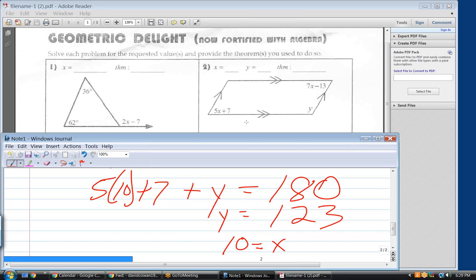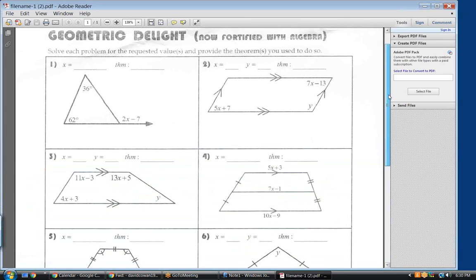Adjacent angles are supplementary in a parallelogram. And that's all you need to write. In other words, for the theorem, you got two things: opposite angles of parallelograms are congruent, and adjacent angles of parallelograms are supplementary. Those are the only two theorems we used to solve that problem.